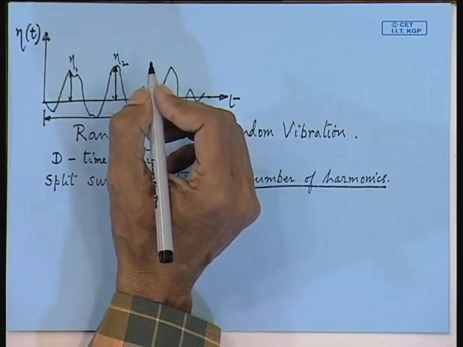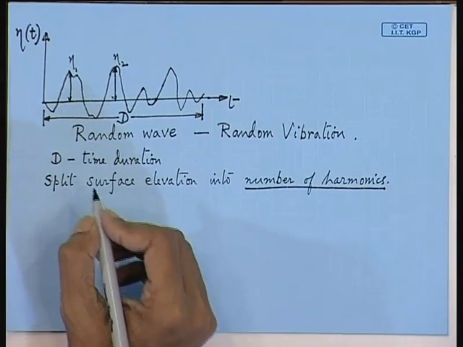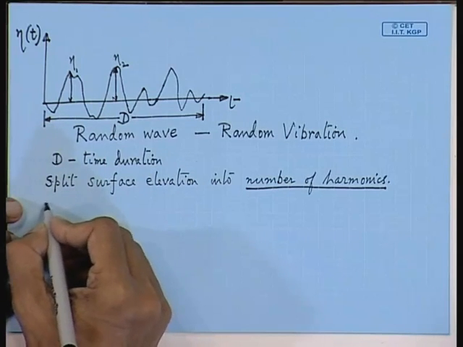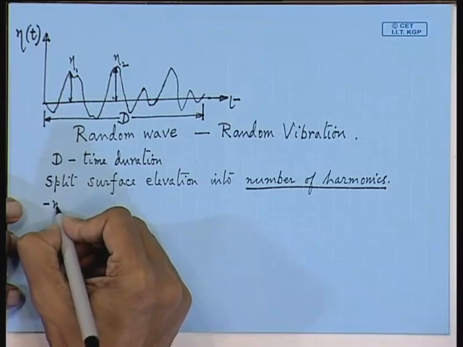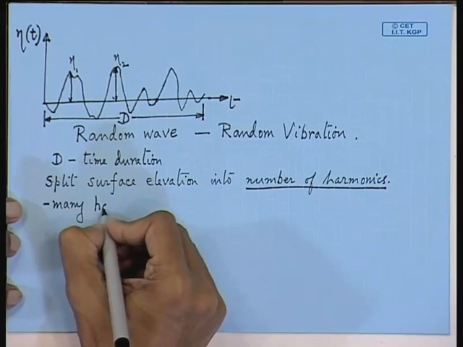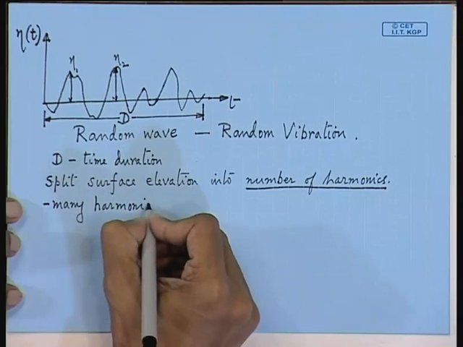Now, if you want to do this, you split this up into harmonic components, but your harmonic components are going to have many frequencies, but there should be some definite methodology by which you do this.